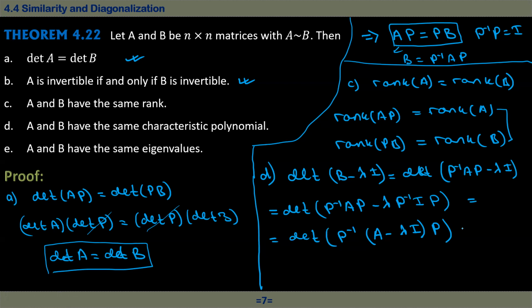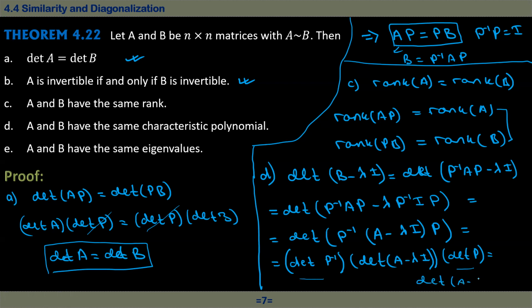And again, by using the property of determinants, we can write it as determinant of P inverse times determinant of A minus lambda I times determinant of P. And we know that determinant of P inverse times determinant of P is equal to 1. And that thing is equal to determinant of A minus lambda I, which is the characteristic polynomial of matrix A.